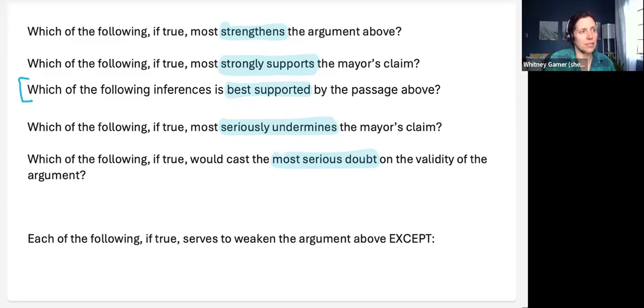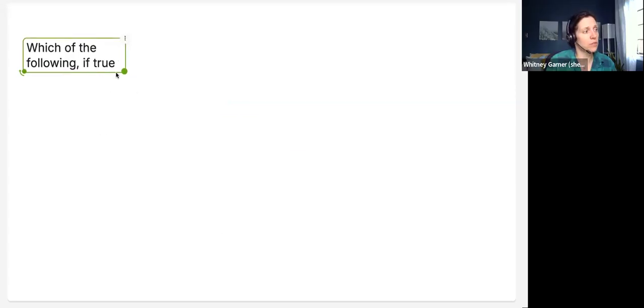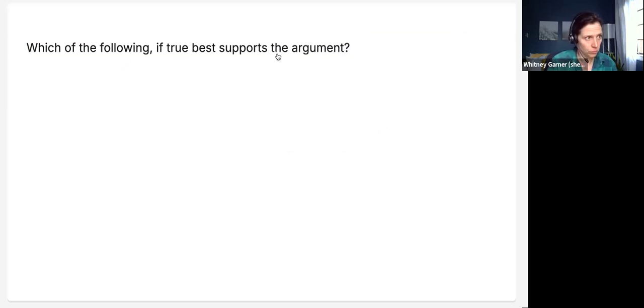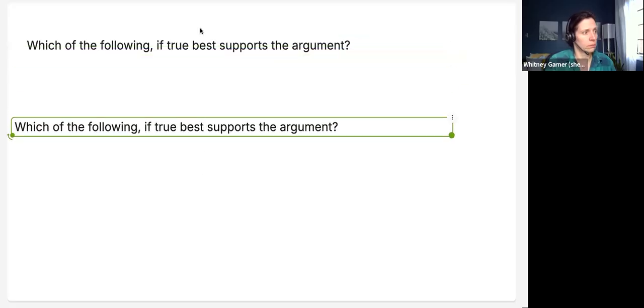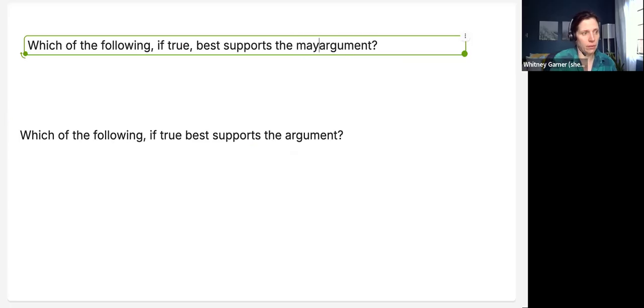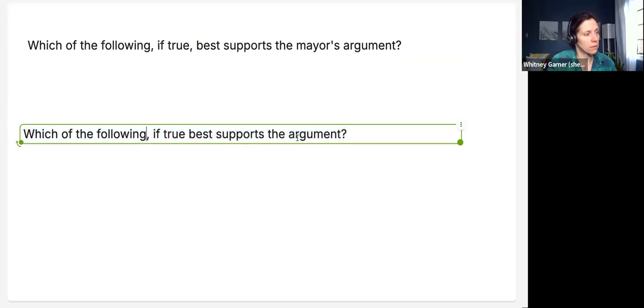Yeah, this is actually an inference question. So this is the one thing I do want to highlight. Which of the following, if true, best supports the argument question? Or, and there's usually a, like the mayor's argument or something. Or, which of the following is best supported by the argument?